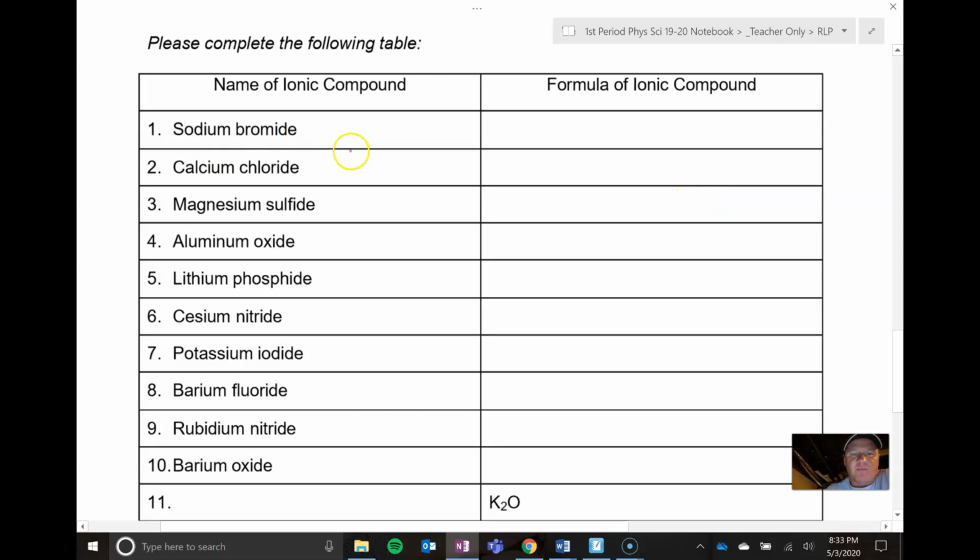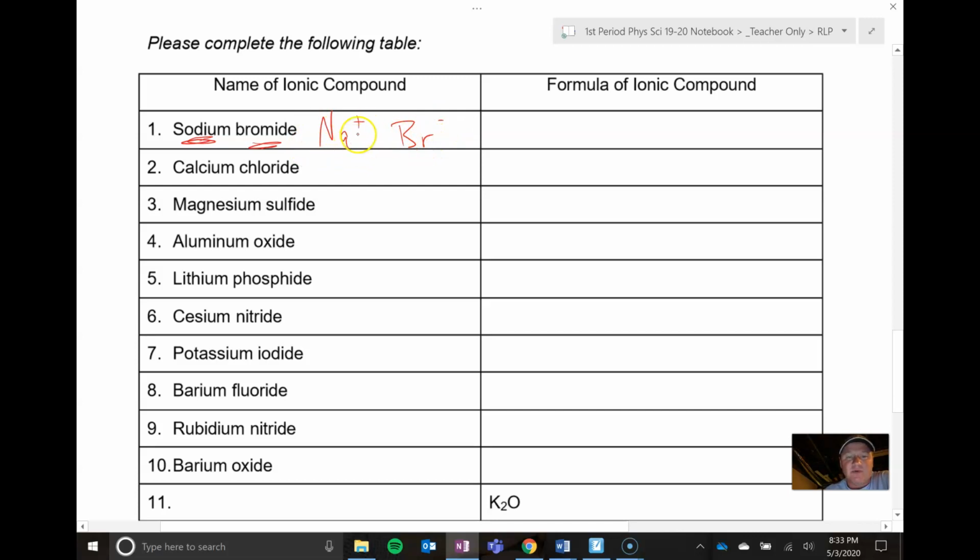Okay, so sodium bromide. Here's what I would recommend and prefer that you guys do. Break each of these down into their individual ions. So take a look at sodium. What is sodium as an ion? It is Na+. Then what is bromide as an ion? It's Br-. Okay, so now once you write down those monatomic ions, it's much easier to look and say, okay, well, how are these things going to crisscross, or how are they going to balance out?